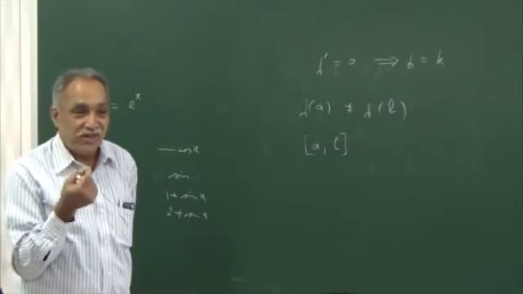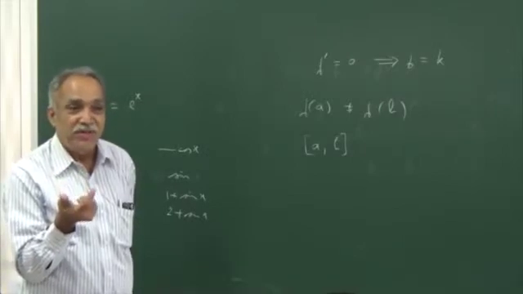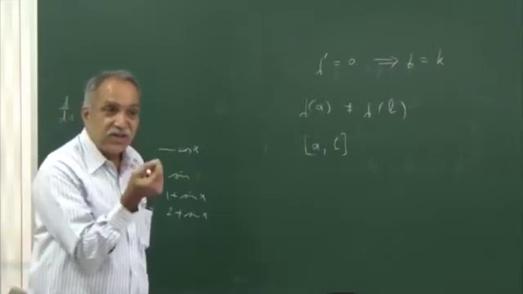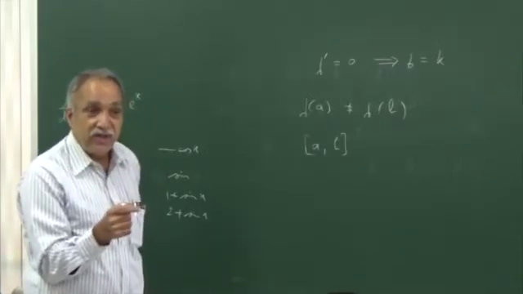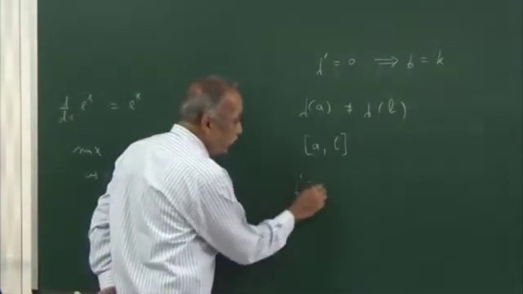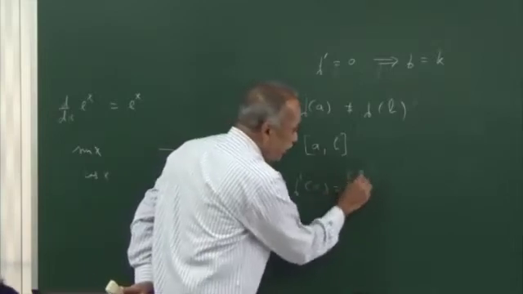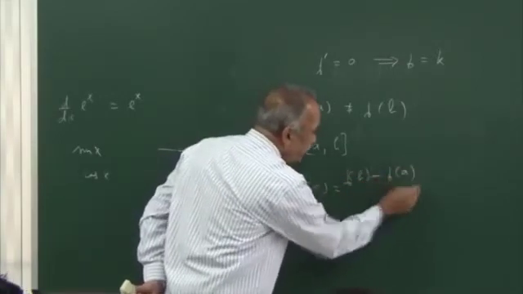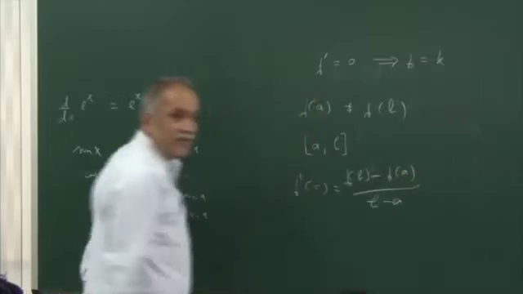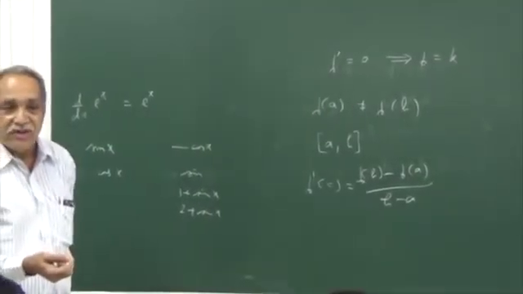Whenever a function is continuous and differentiable over an interval, what happens? There exists a point in the interior of the interval such that at that point the derivative is equal to the slope of the chord. Very good. Did you arrive at a contradiction?